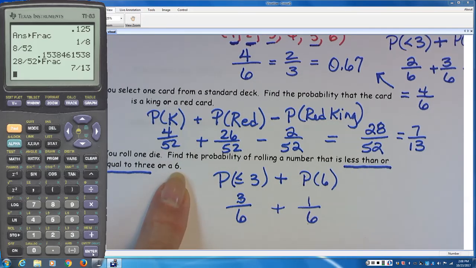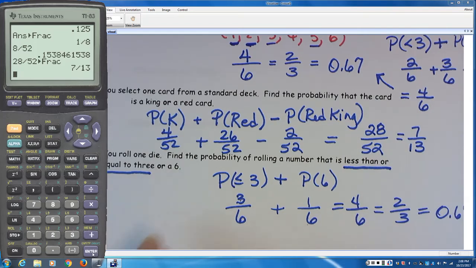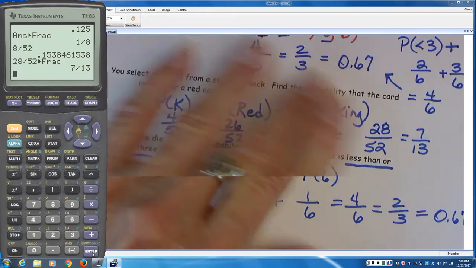Did I double count anything? No, not this time. Okay?